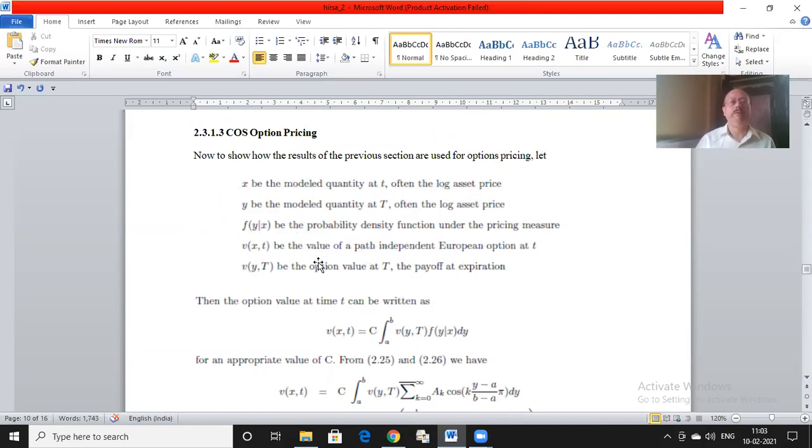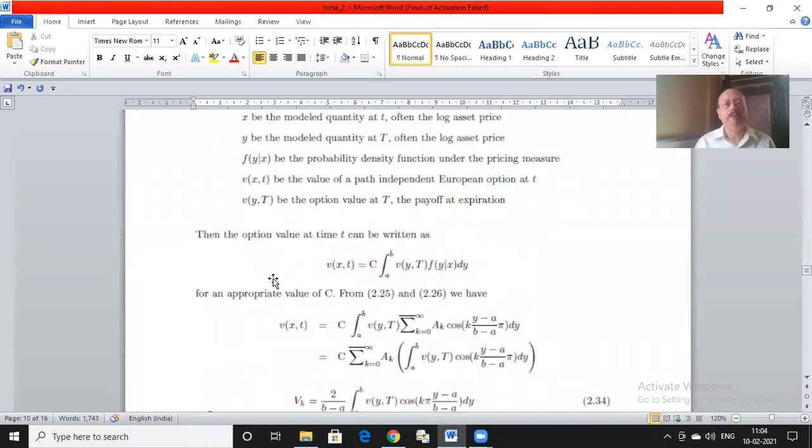V is the corresponding value of the option. It has to be a path independent option. So V(x,t) is the current value and V(y,T) is the value at expiration. So that's the terminal value. So X is basically log S at small t and Y is log S at capital T.